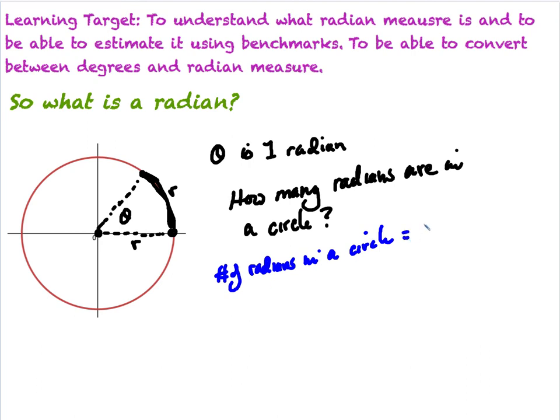Is going to be equal to however many radians we can fit in the circumference of a circle. So remember from the last slide that 2 pi r will represent the circumference of any circle. If we take that, and fitting in is simply division, so I'm going to divide this by r, we can quickly see that these r's will create 1, and we're left with the fact that there are 2 pi radians in every circle.